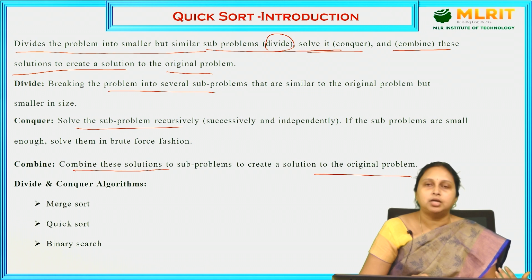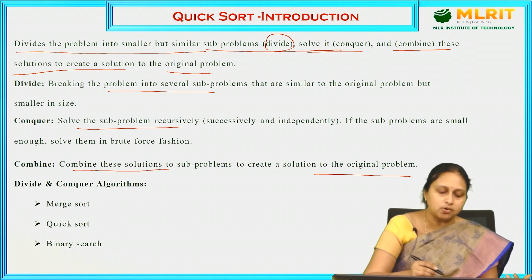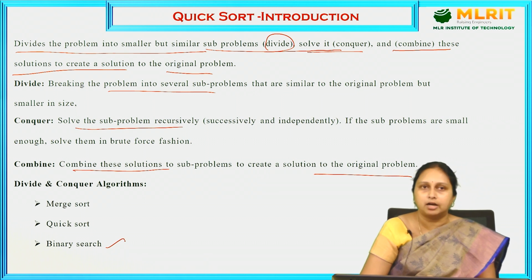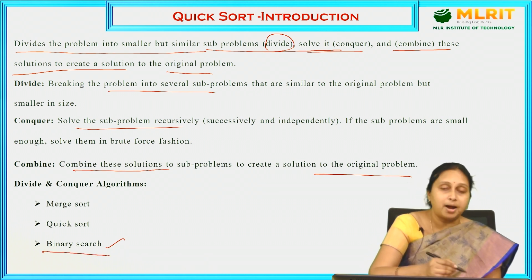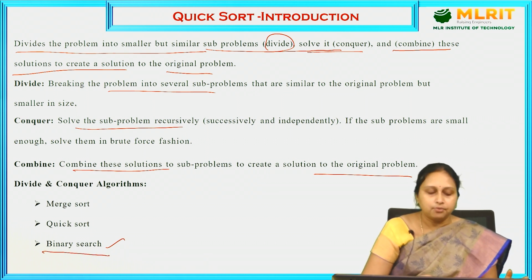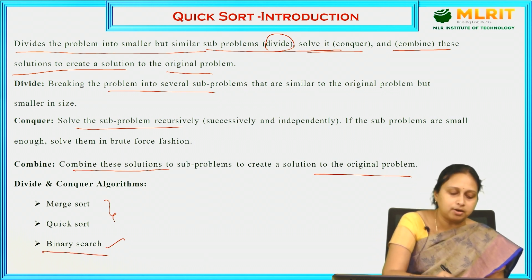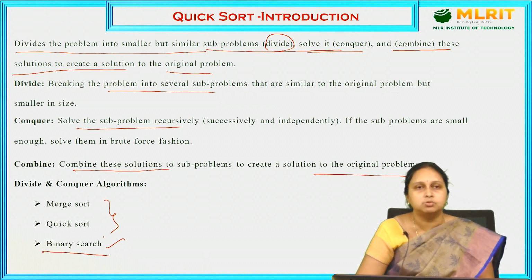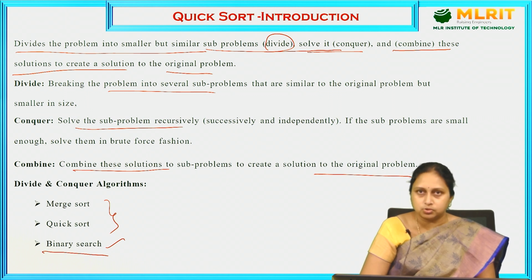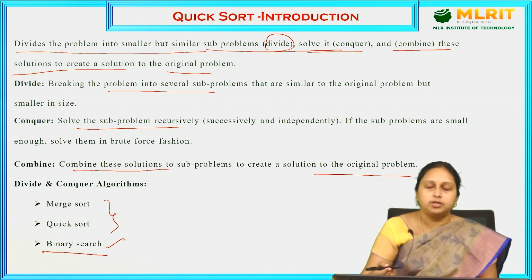Already we have seen some searching algorithms, and there we came across divide and conquer in binary search. Not only binary search, we also come across divide and conquer in two other algorithms, merge sort and quicksort. Now we are discussing quicksort, and later we will apply the same methodology to merge sort also.